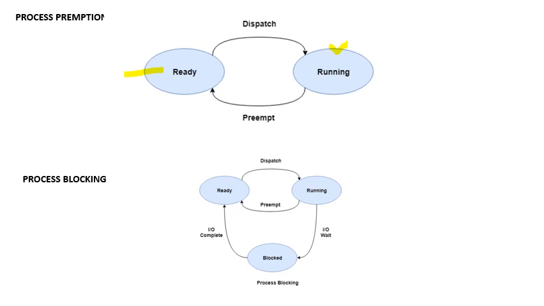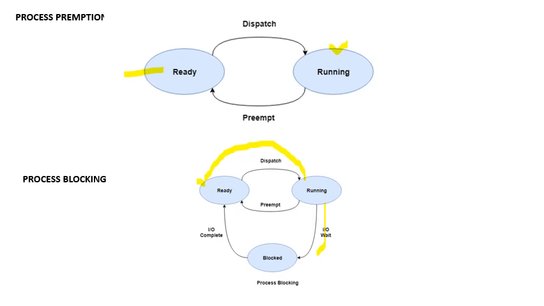Suppose I want to give you a general example. If process P1 is in the ready state, once it is dispatched it is in the running state and executing. In the middle of the execution, it requires some input output operations.